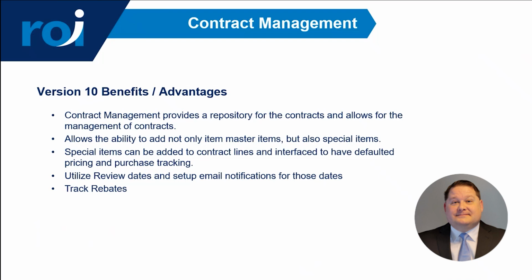Also, if you utilize it for service agreements, if you have an open-ended service agreement where you have, say, an allotted $2,000 available for just maintenance or time and materials, you can utilize those review dates to remind you to review that to see if you still need to have that time and materials open, or any of those other services still available.